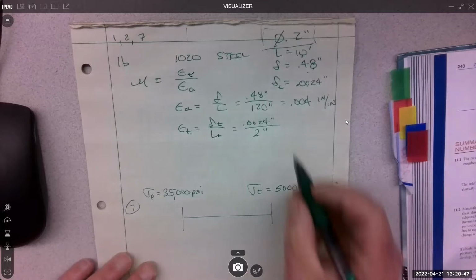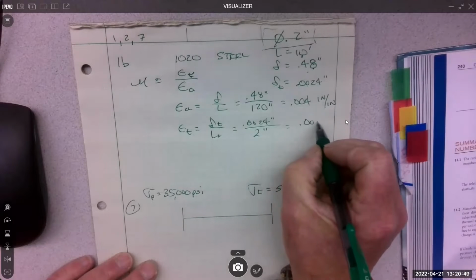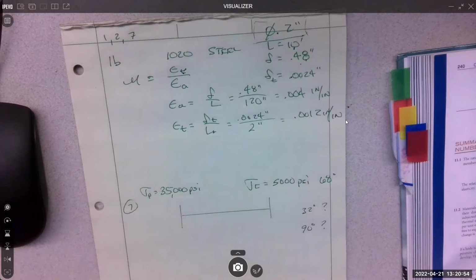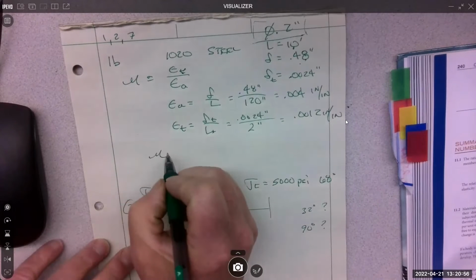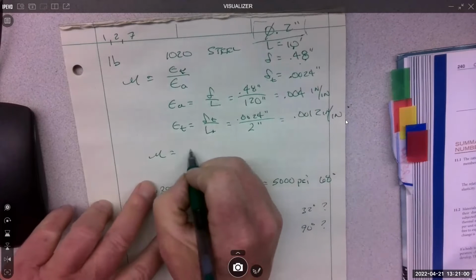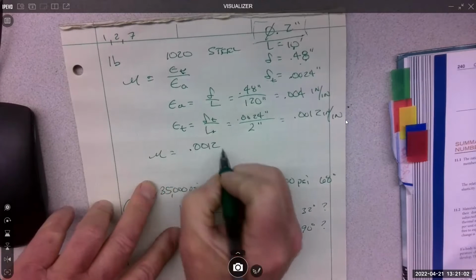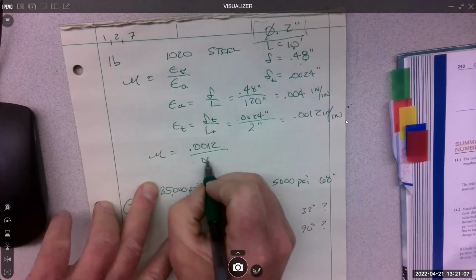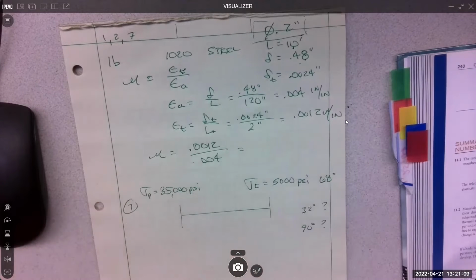That gives 0.0012. So then Poisson's ratio is that relationship between the two strains with the transverse on top, 0.0012, and the axial on the bottom, 0.004. It says it's 0.3 for Poisson's ratio.